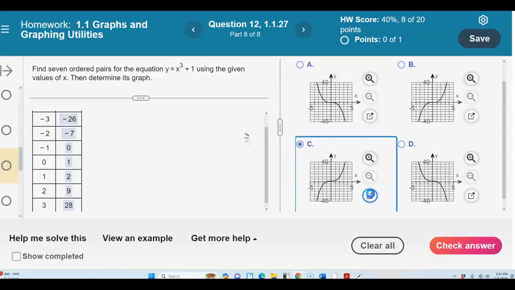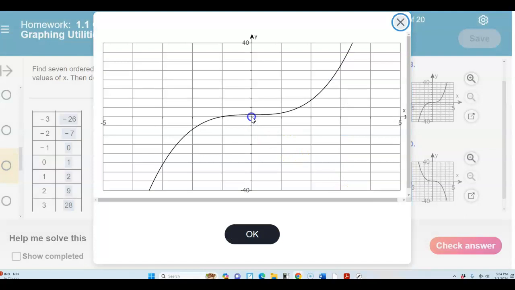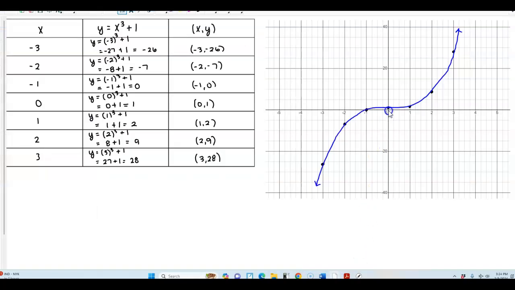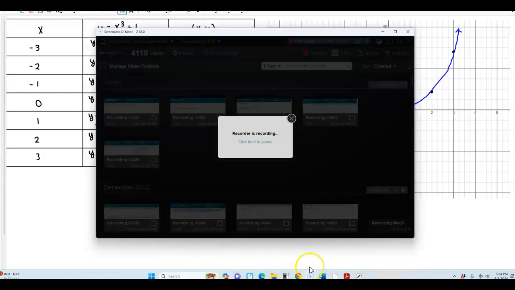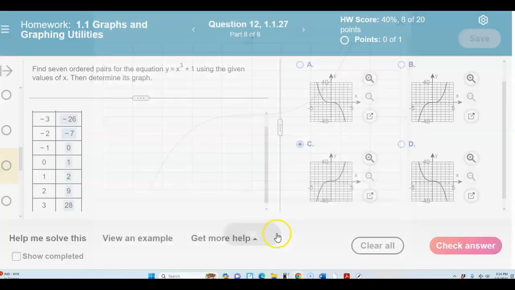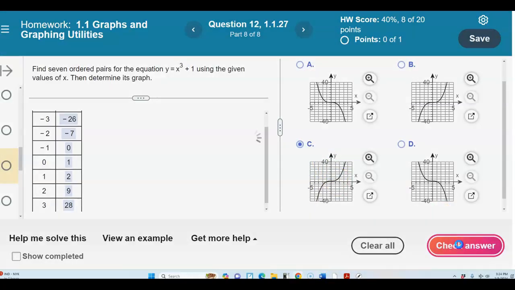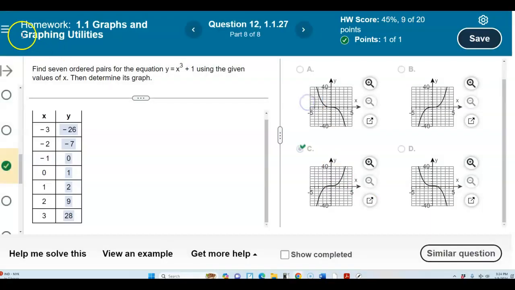In this one, we can see that where it crosses the y-axis is above the x-axis. So let's go back and take a look at our graph. We can see here that the value 0 goes up 1. So it's going to have to be this one that's above the x-axis. Therefore, it's going to be C. Let's check our answer. And there is our result.